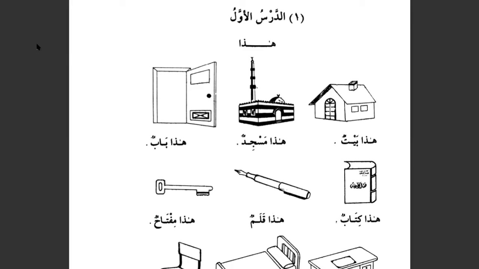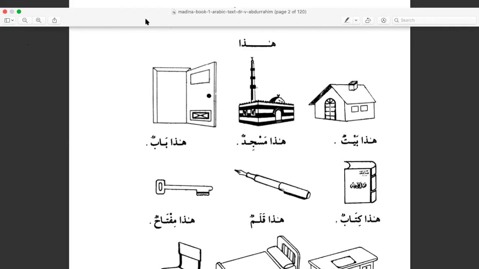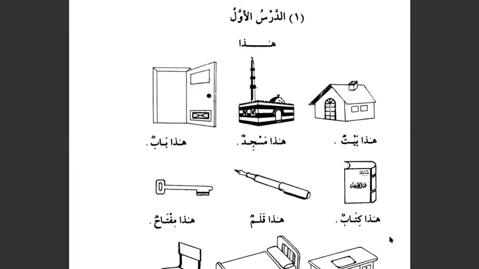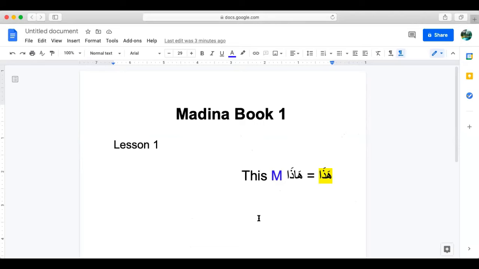So we'll show that here inshallah. So indefinite, so we say indefinite nouns. What is a noun? It's a name of something.